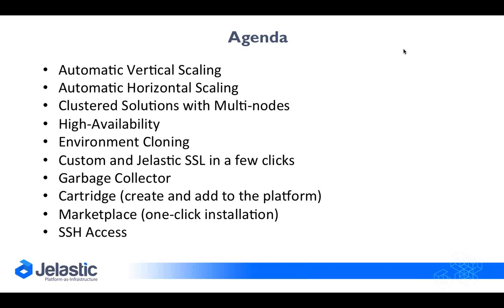We will describe shortly our garbage collector, how it helps to reduce resource usage, specifically for Java applications. We will describe how to add custom cartridges to the platform. Also, we will cover some features of the marketplace and SSH access to containers and applications.